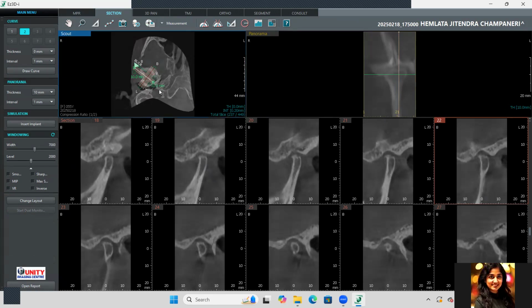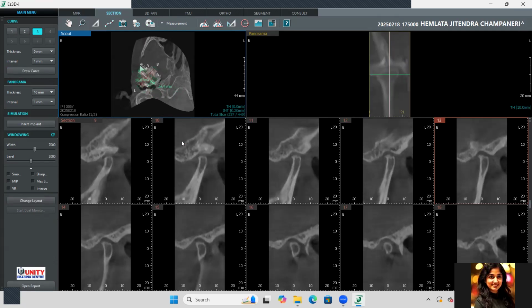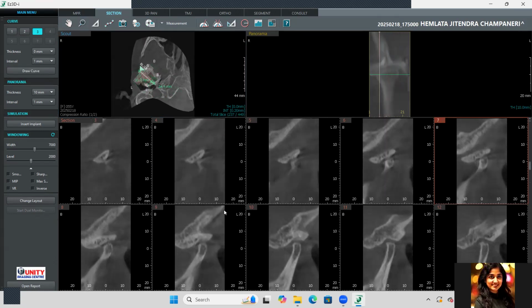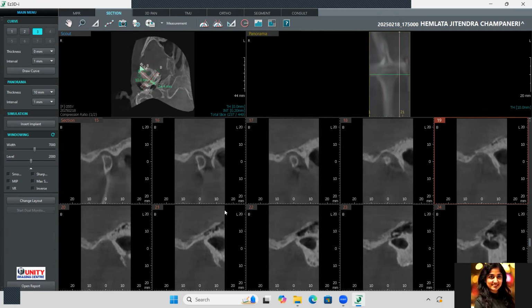Due to the limited FOV, the CBCT was taken only like this. They have focused on only one side at a time. As you can see, this is the condyle, so I have drawn a curve from here to here, and that's how I can see every section.